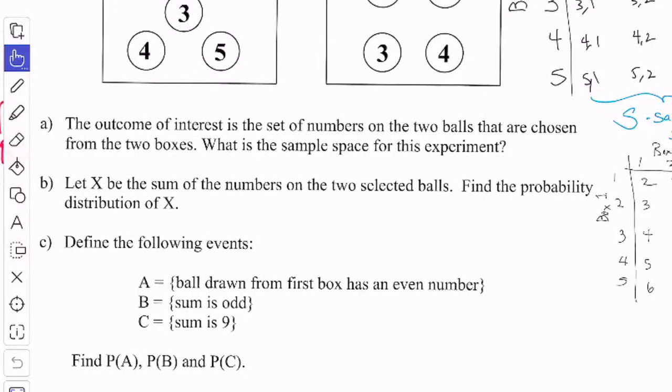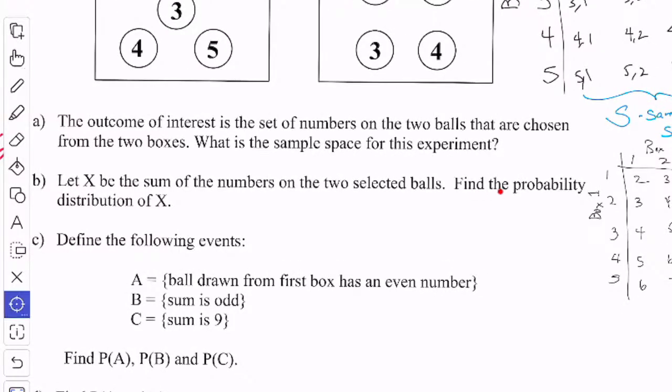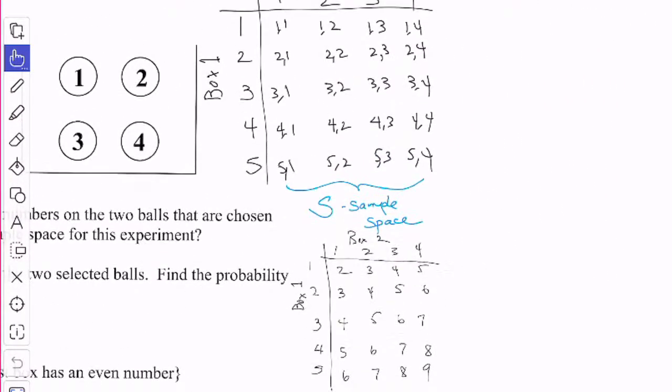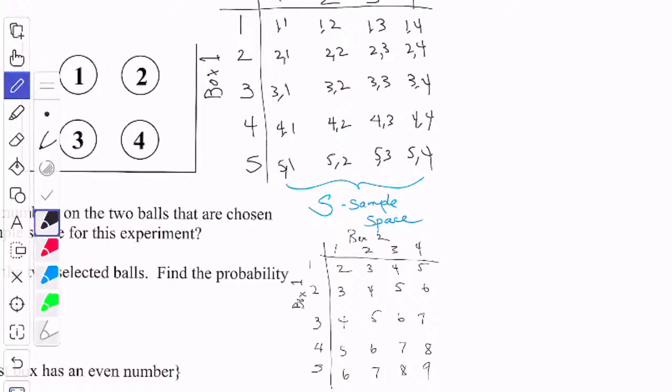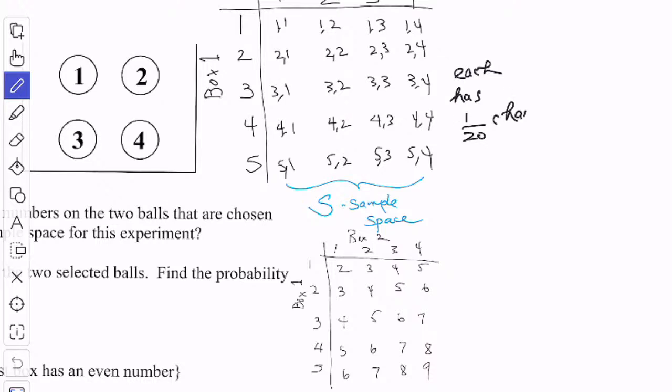Okay, but the question is, find the probability distribution. So this is a little bit different because in this problem here, part A, each of these had one in 20 chance of occurring, correct? Because there's 5 times 4 or 20 possibilities and they're all equally likely.